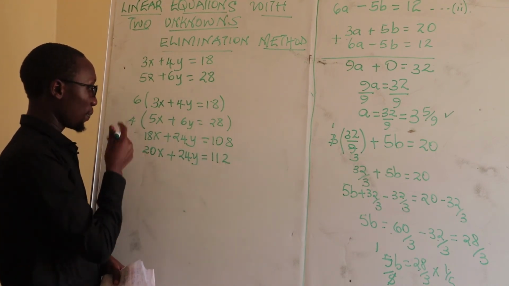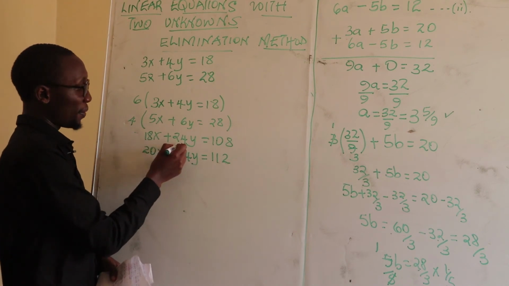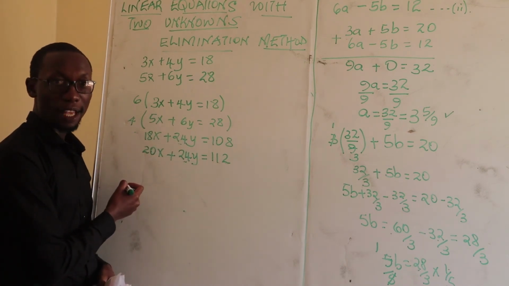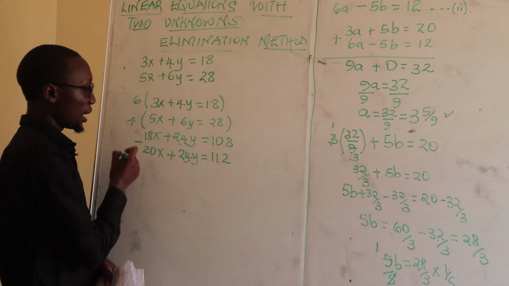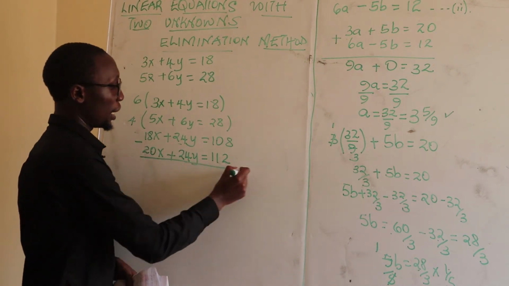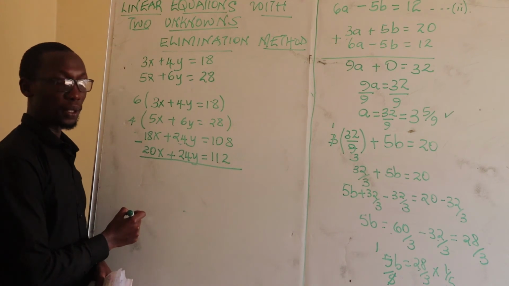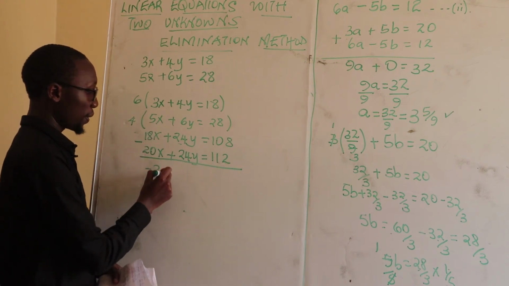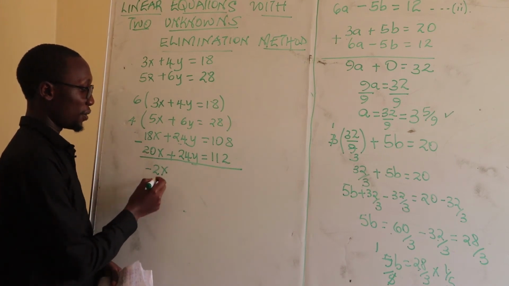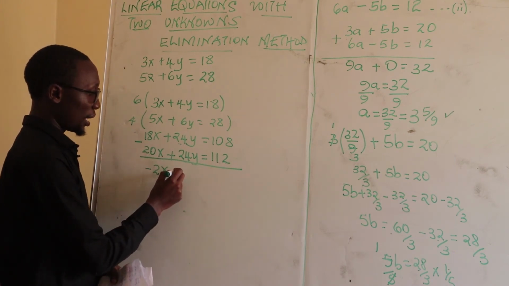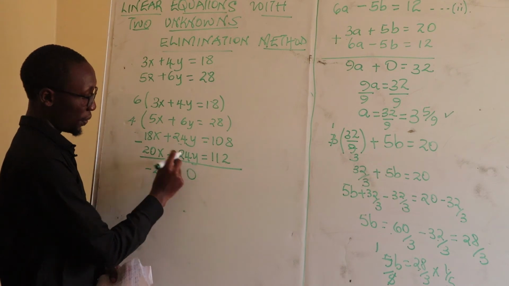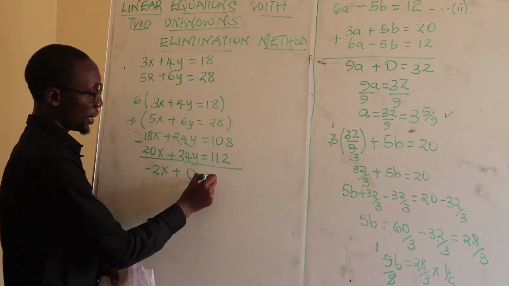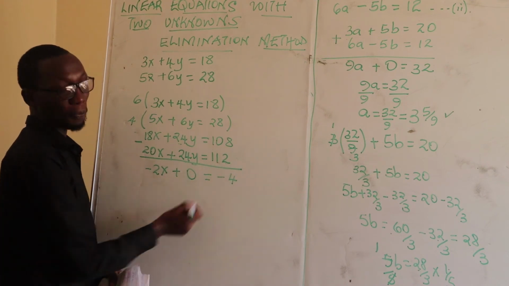And so in that case, you can now have similar coefficients of y, and so now you can be able to take away the two equations. So if you take away, you're going to have 18x minus 20x gives you negative 2x, and then 24y minus 24y is 0, and this shall be equals to negative 4.